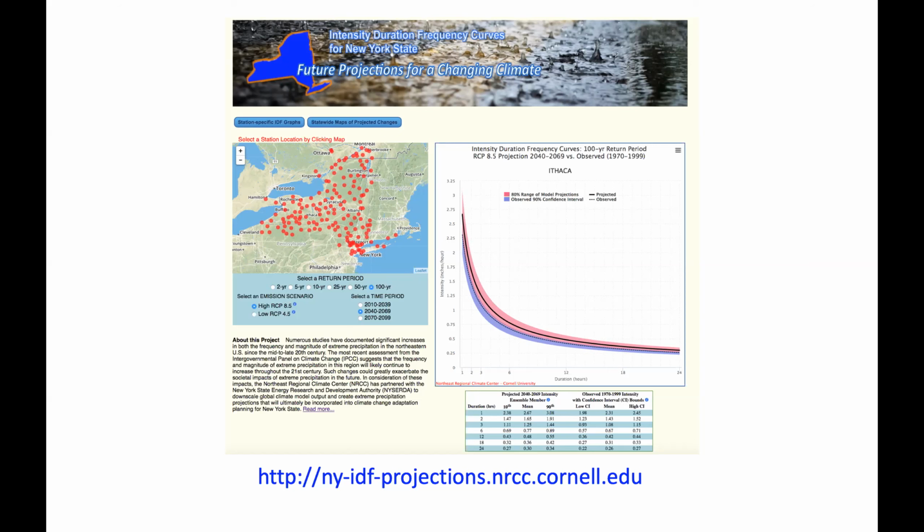It doesn't show up in this screen grab that I have, but you can see that observed confidence interval and range either based on our methodology for computing the extremes, or there should also be a checkbox here where you can see those that come out of Atlas 14. So we've incorporated the NOAA values in here to see how the projections compare with what's presented in Atlas 14.